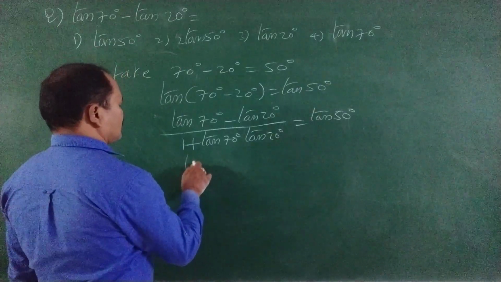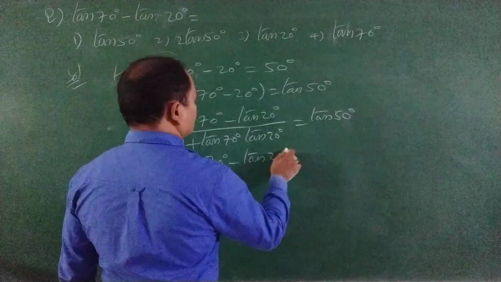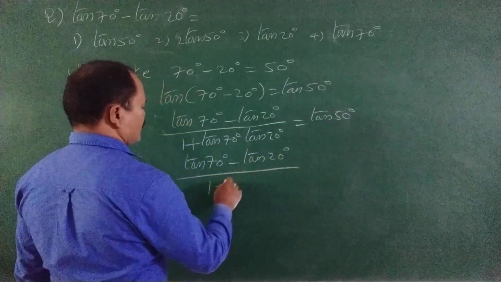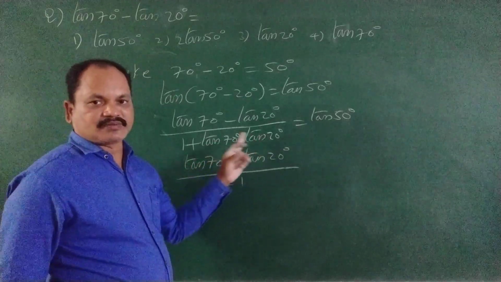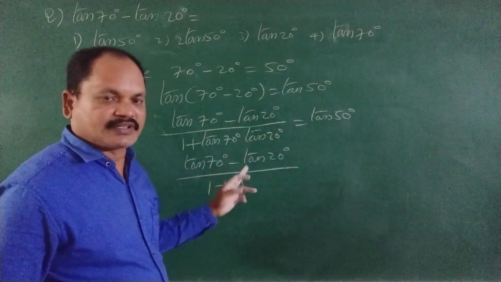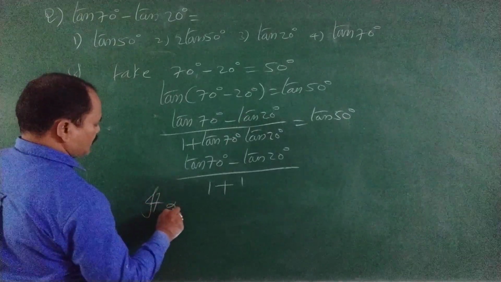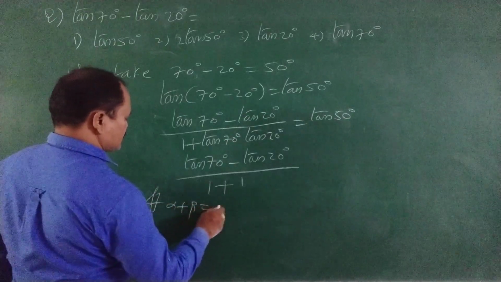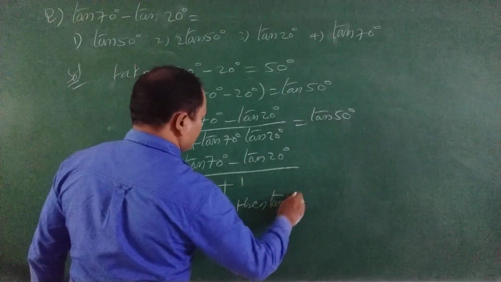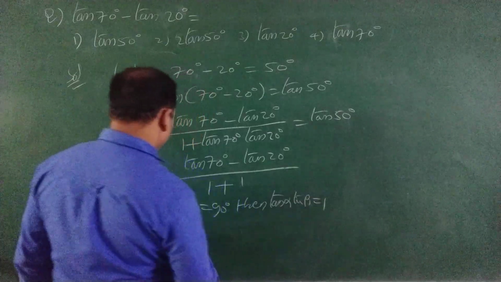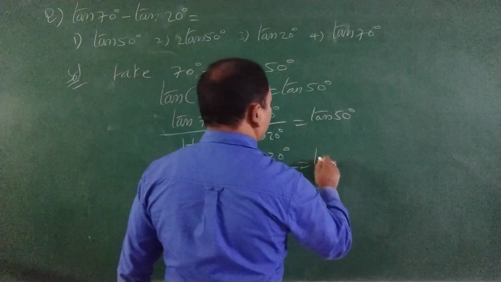That's why (tan 70 minus tan 20) divided by (1 plus 1) is equal to tan 50.